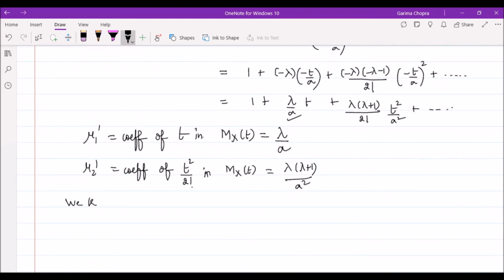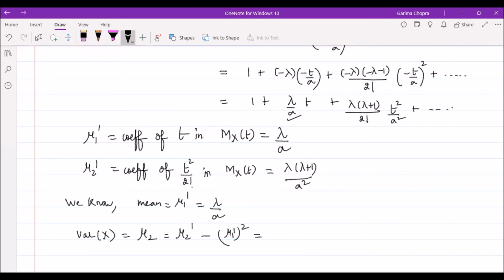We know mean is given by mu1 dash, so the mean will be lambda by a. Variance of random variable x is the second central moment, which is mu2, and this mu2 is written as mu2 dash minus mu1 dash whole square.